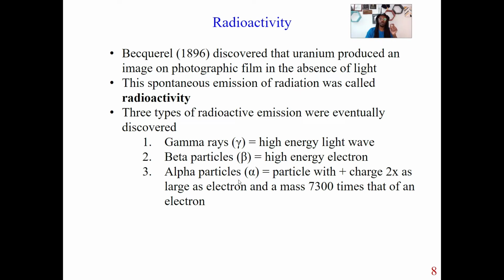And then we have alpha particles, which are a particle with a positive charge that is twice as large as an electron and a mass that is 7,300 times that of an electron. So these are bigger particles. That's all I'm going to cover about radioactivity. If y'all want to know more about it, just let me know in the comments. But yeah, let's go back.